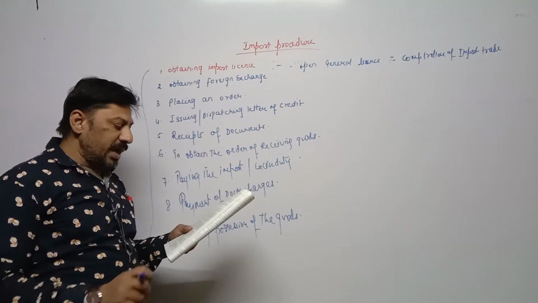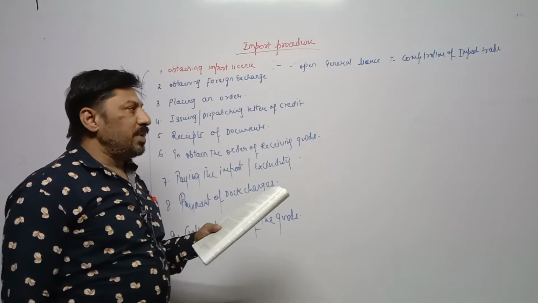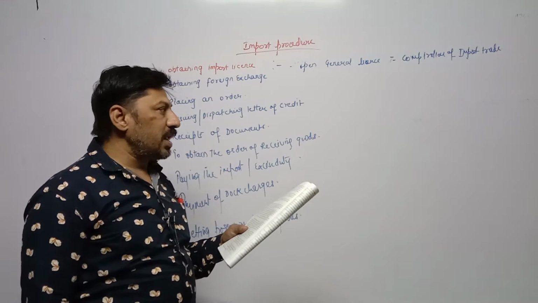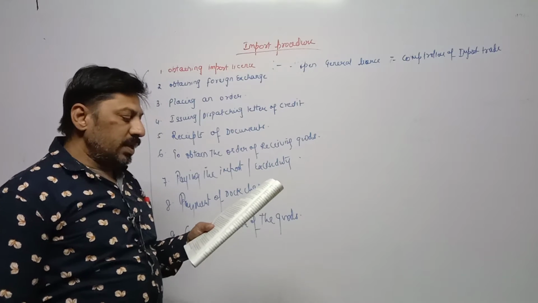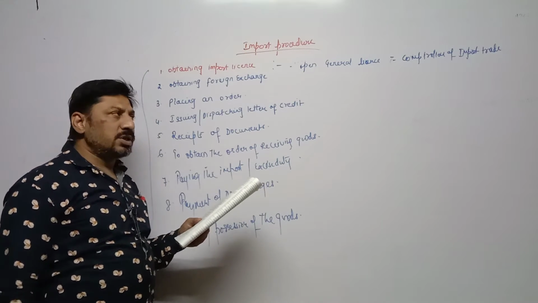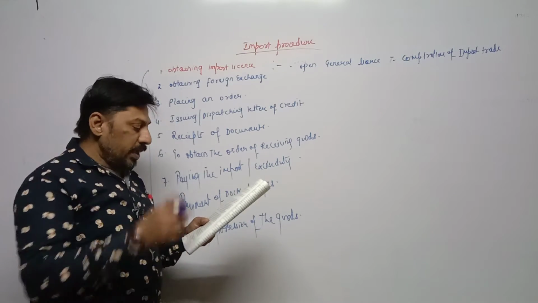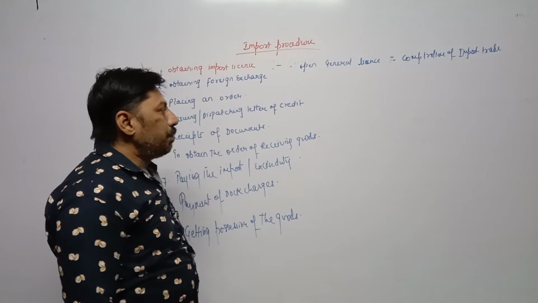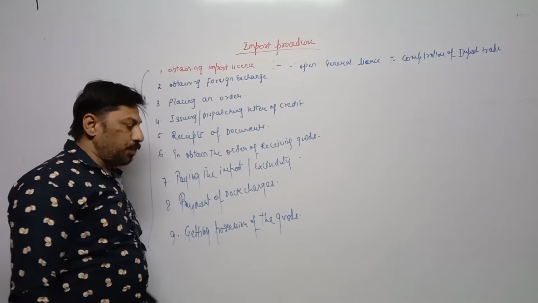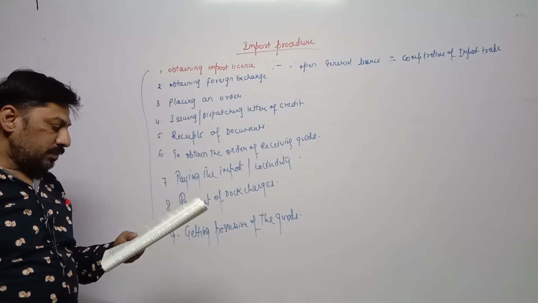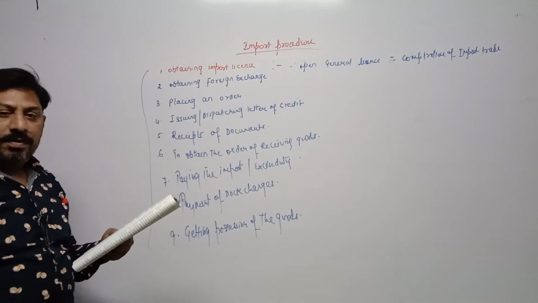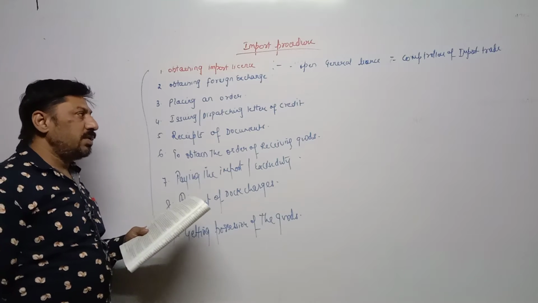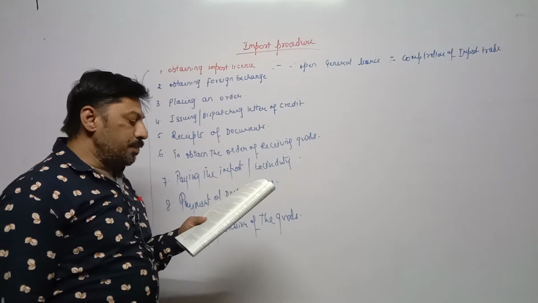In that application, you have to mention the name of importer, address, details of the goods which we want to import, economic condition of the importer. Economic condition here means you have to give bank statement which shows your financial position, and then name of the exporting country, the country from where we are importing goods.